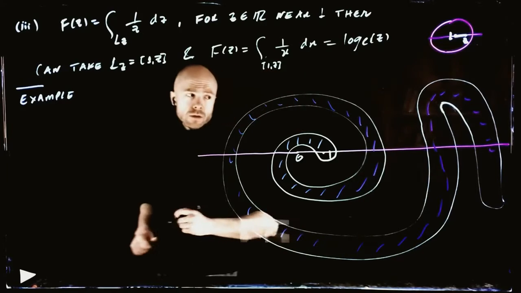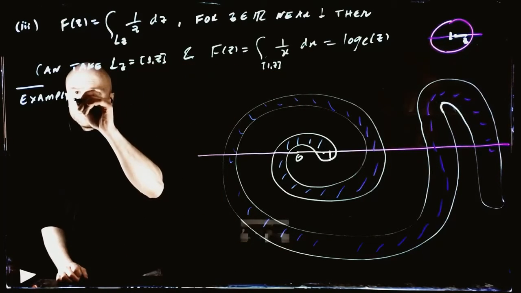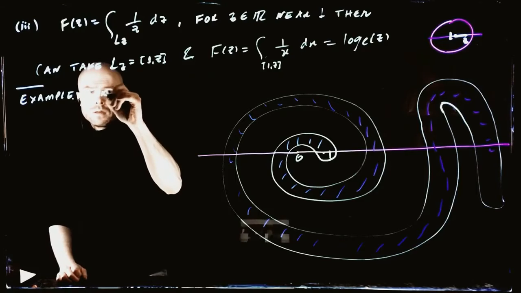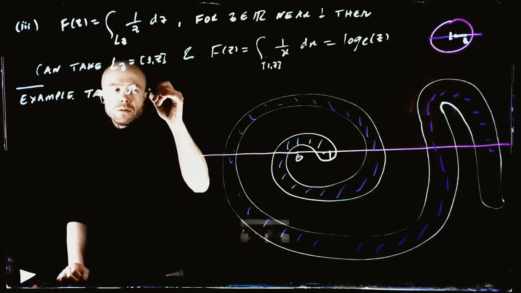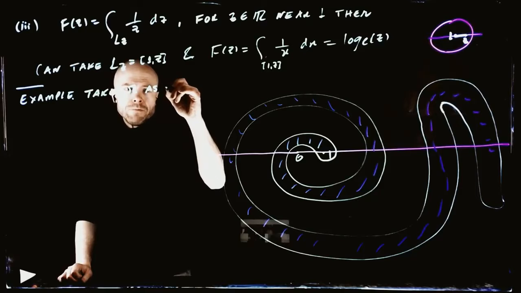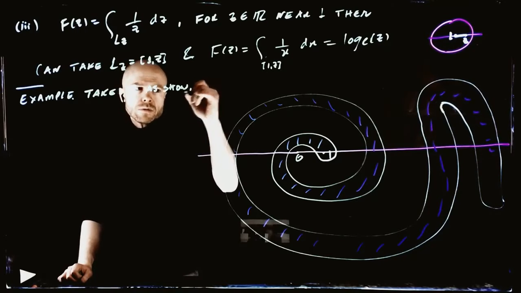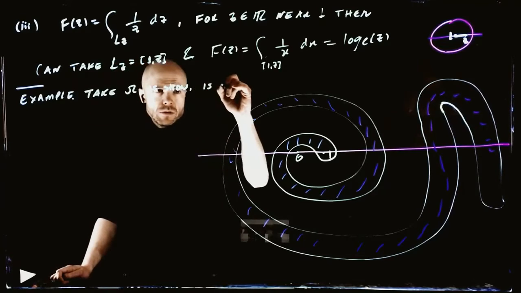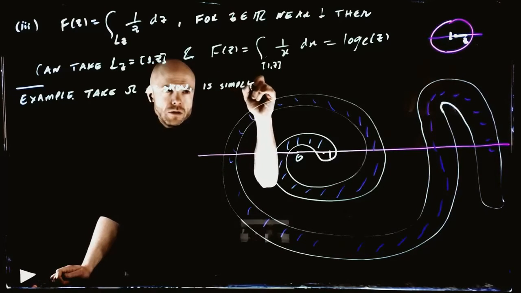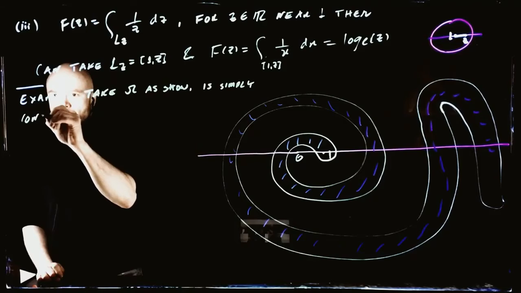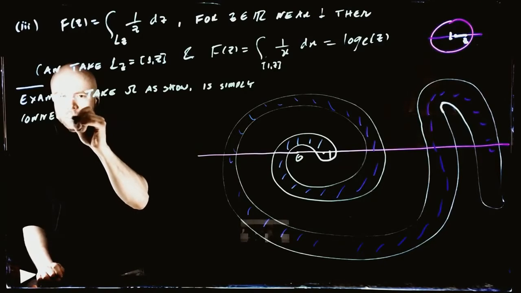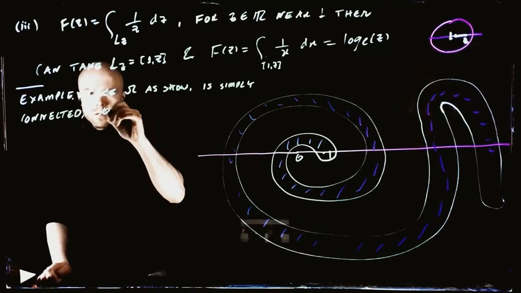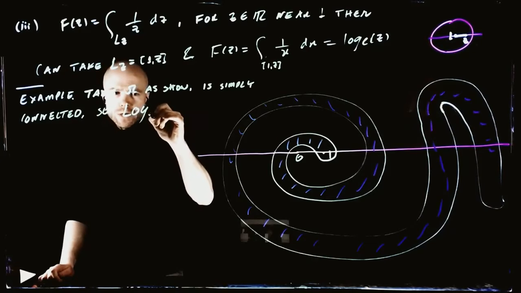So take omega as shown. It is simply connected. So we can define a complex log.